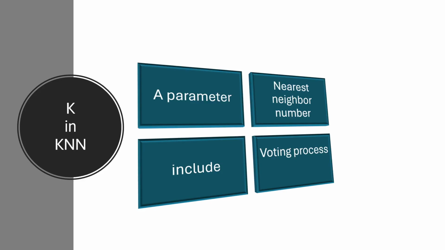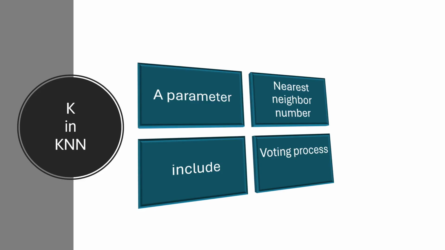So what does k mean in KNN? Without the k, nearest neighbor is easy to relate to, like in our society, the neighbor who lives near us.